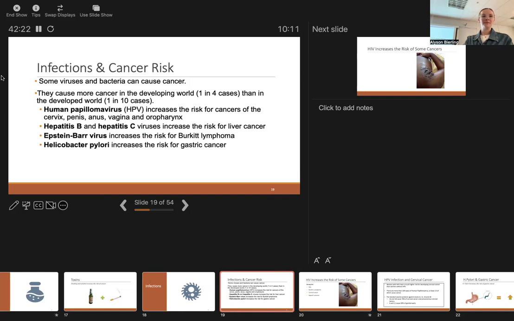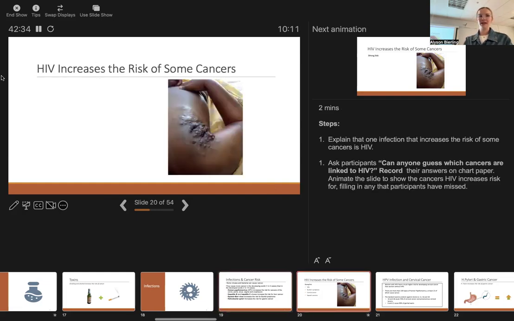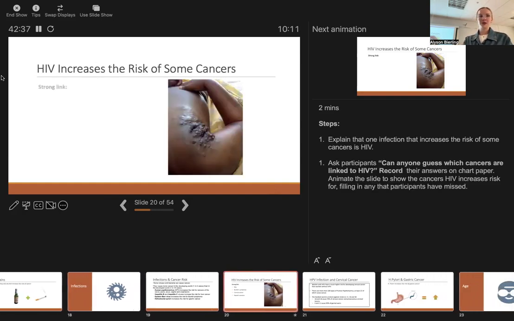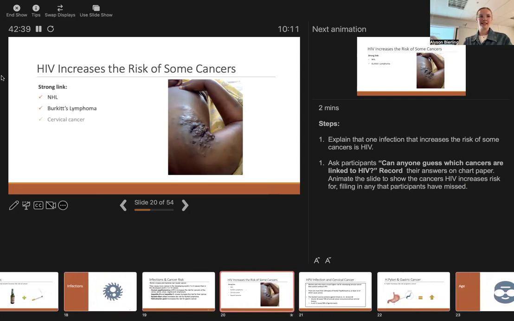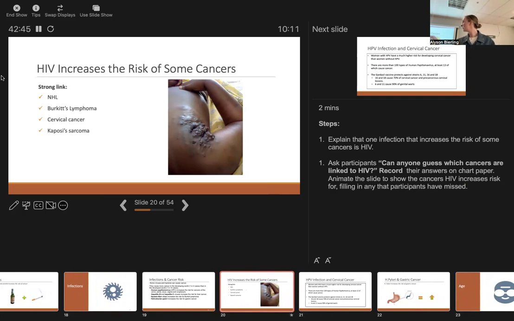And then Epstein-Barr virus increases the risk for Burkitt's lymphoma, which is a type of non-Hodgkin's lymphoma. And then H. pylori increases the risk for gastric cancer. And so HIV has a strong link to the following cancers. So HIV increases the risk for non-Hodgkin's lymphoma, Burkitt's lymphoma, cervical cancer, as well as Kaposi sarcoma.